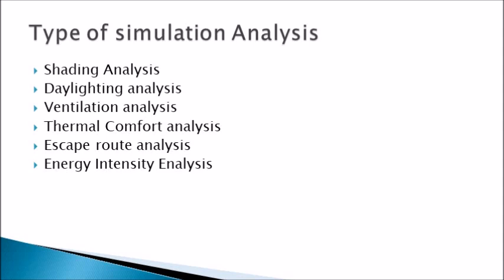Okay. Escape route analysis, I have mentioned earlier. In an emergency situation, it will help you to understand how you would locate your exit, and what is the size of the openings or the path needed. So it can be done by simulation these days.